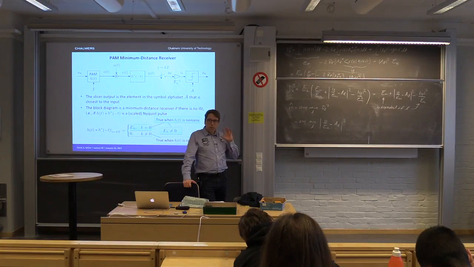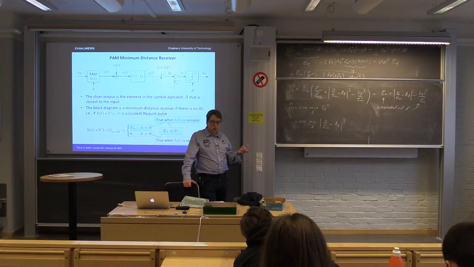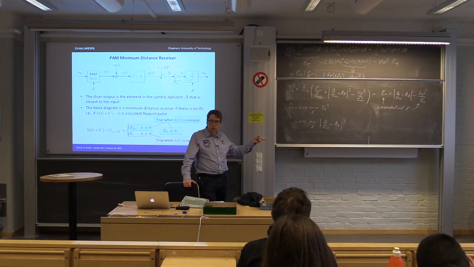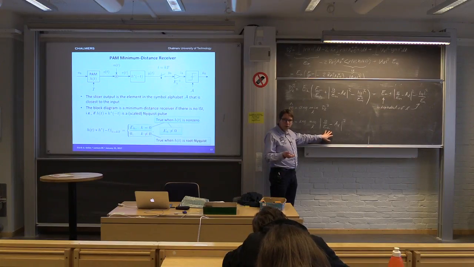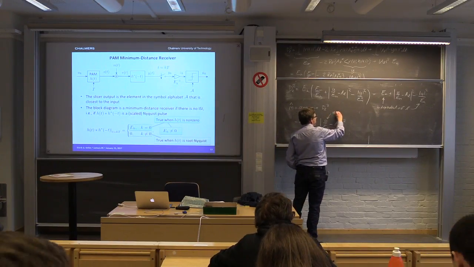Okay, so after a lot of manipulation here, we have gotten to a result where we can see that the minimum distance receiver for PAM can be computed as follows, right? Arg min of this. Okay, so what is inside here? Well, here we have the matched filter sample.